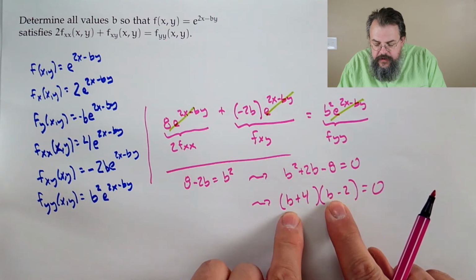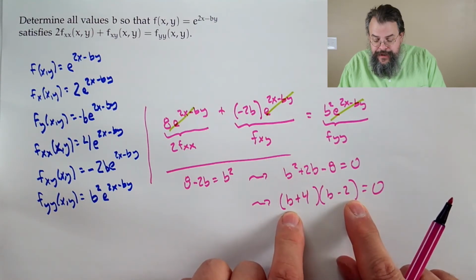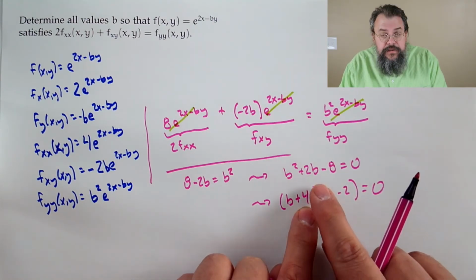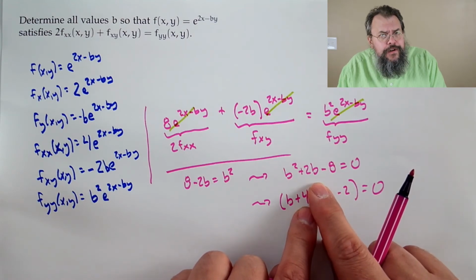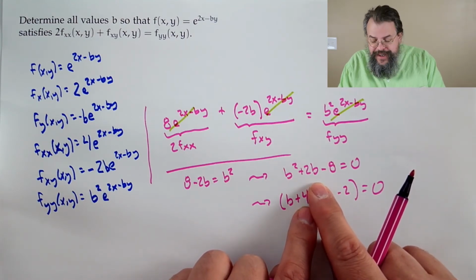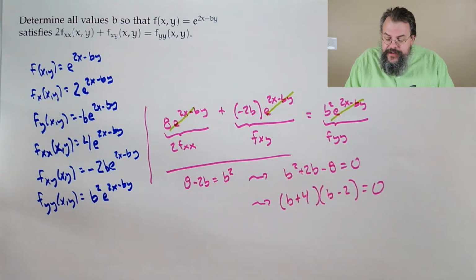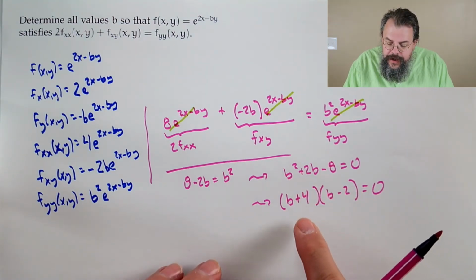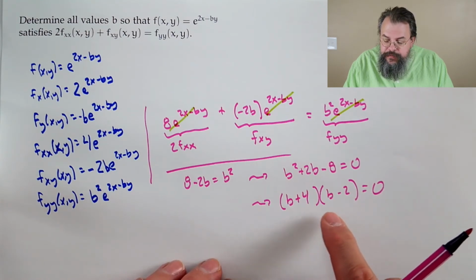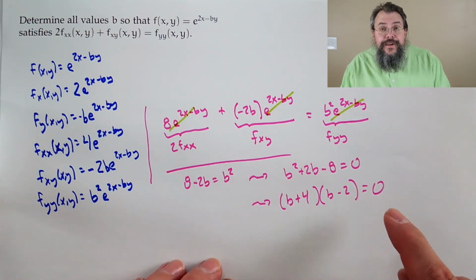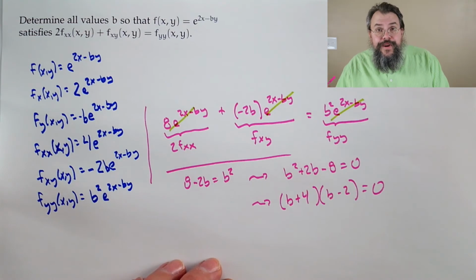b squared, that's good, minus 2b plus 4b gives us 2b. Or is it not 2b? No, it is 2b, and then minus 8. Cool, so it factors, and now we're in our lovely situation. A bunch of stuff multiplies, we get 0 out, something must be 0.